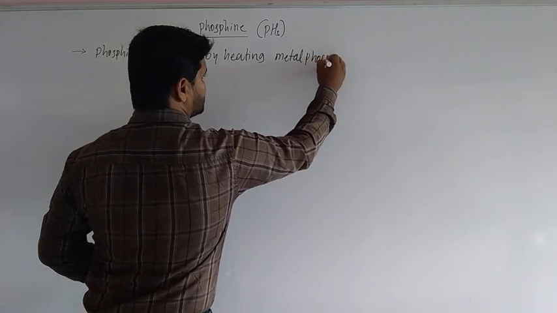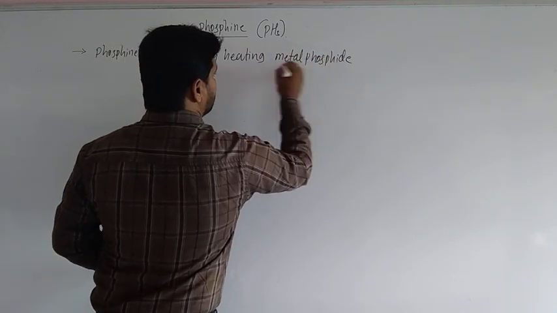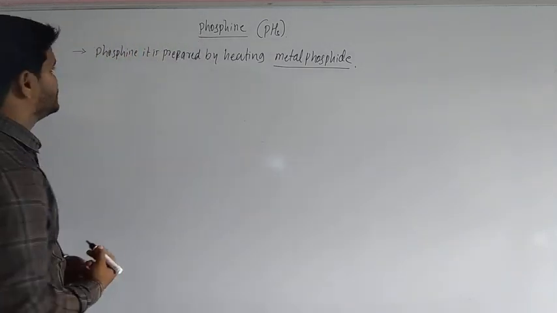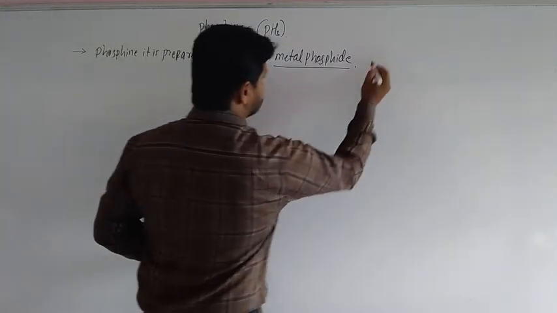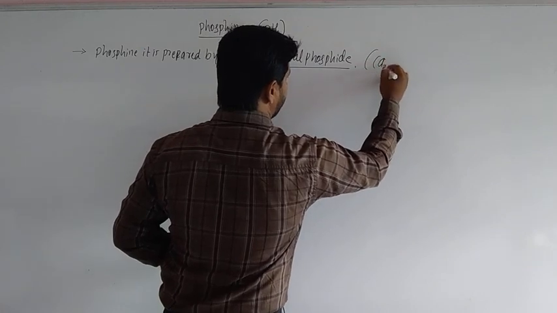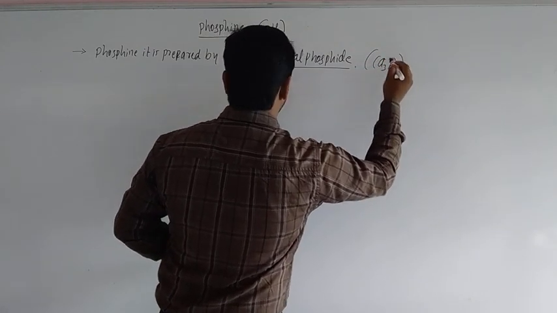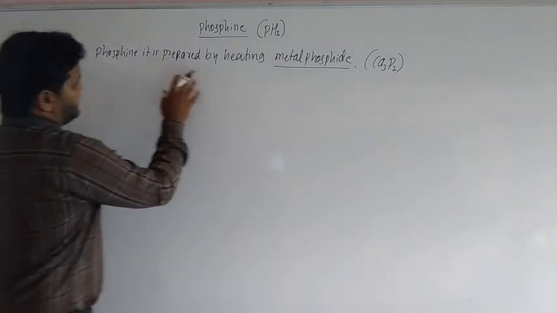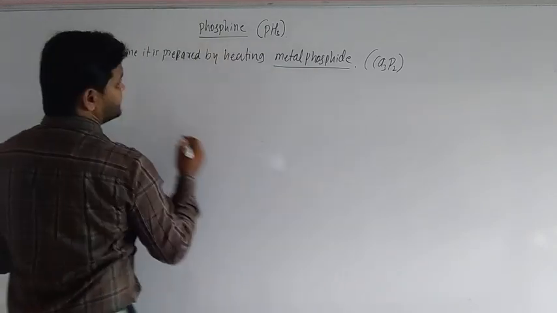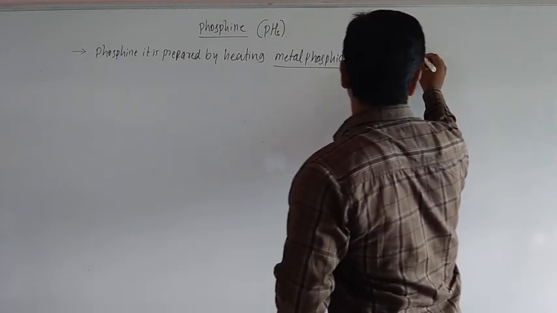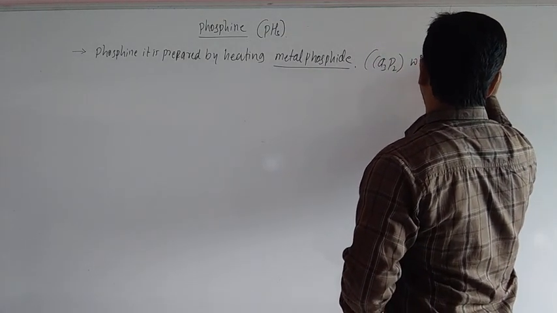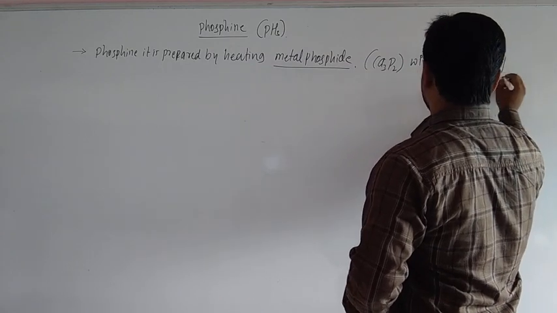By using metal phosphides, we can prepare phosphine easily. Here we take calcium phosphide, Ca3P2, as the metal phosphide. Phosphine is prepared by metal phosphide with water, that is H2O, and HCl, hydrochloric acid.